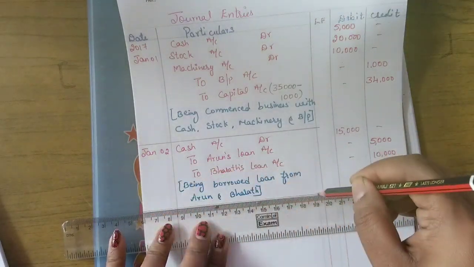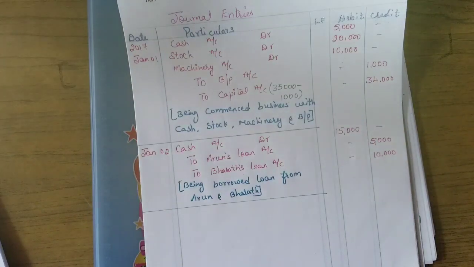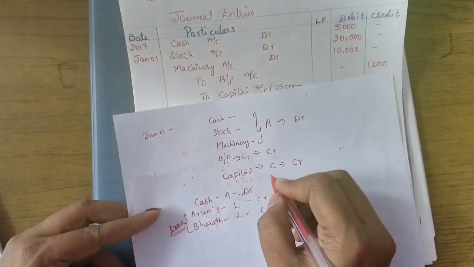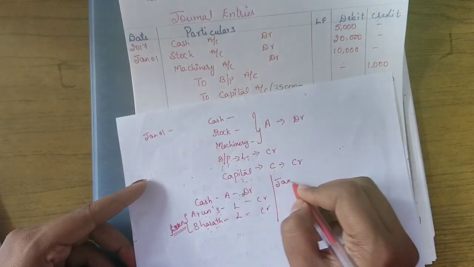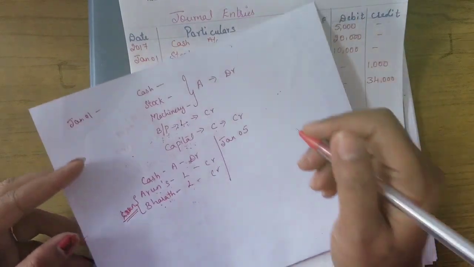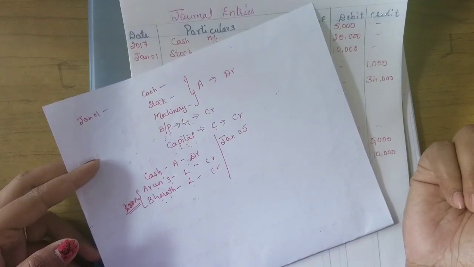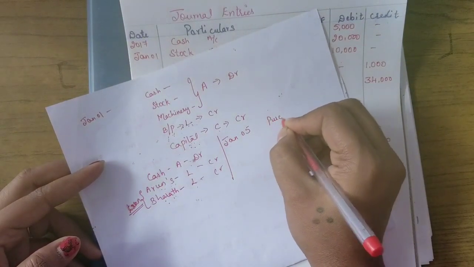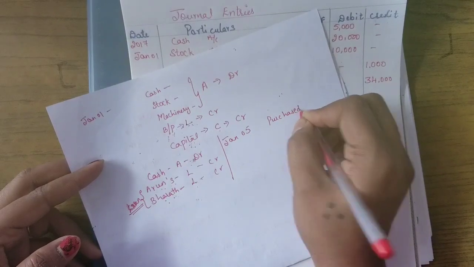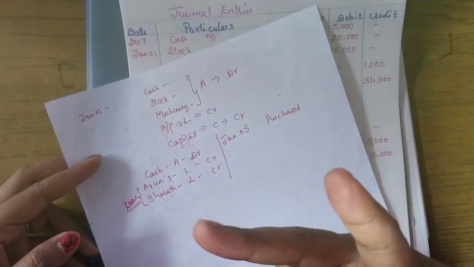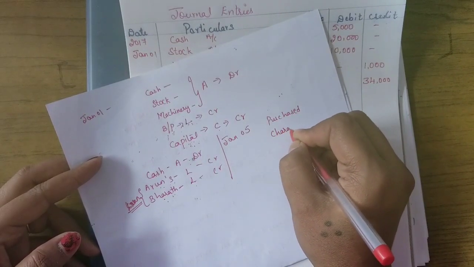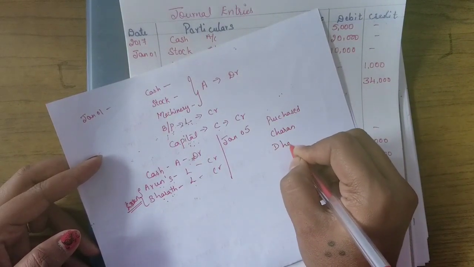Next. So next entry is on Jan 5th. Purchased goods from Charan and Dhanraj. So what happens here when you purchase? Purchase is one aspect, and here it is not mentioned cash. They have given two people's name from whom you have purchased. So one is Charan and one more is Dhanraj.